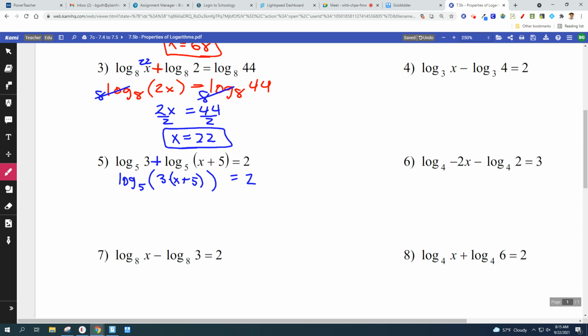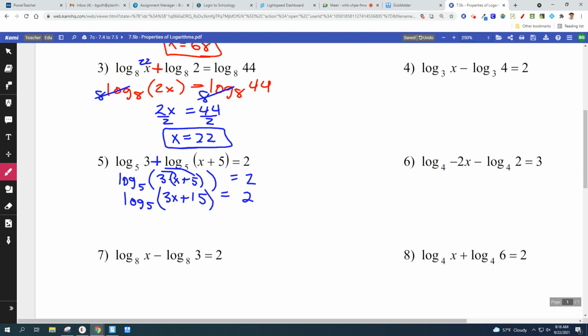It looks a little tricky, but essentially you just have to multiply those. If you can do that in your head, it's the distributive property: 3x plus 15. So we have log base 5 of 3x plus 15 equals 2.